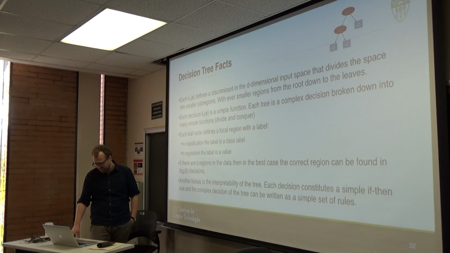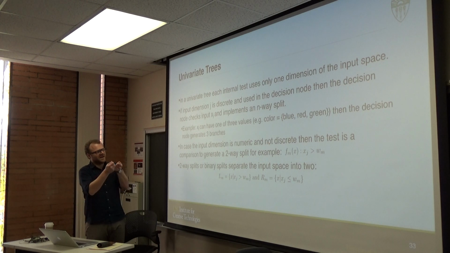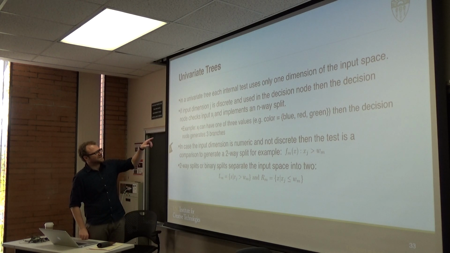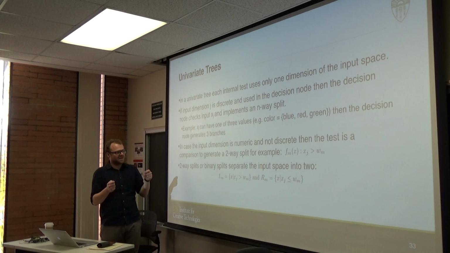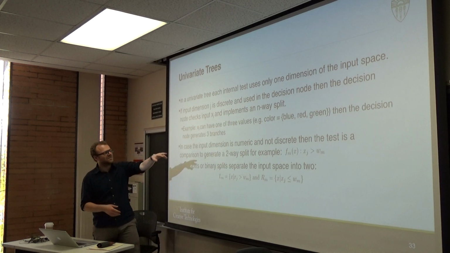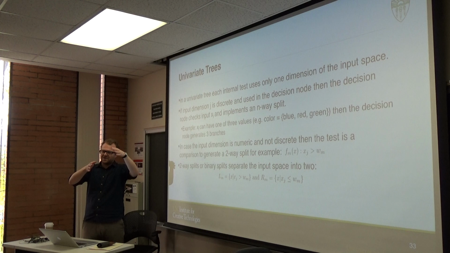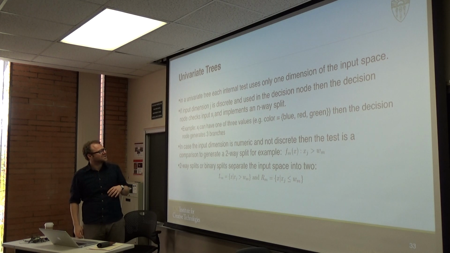So we had those facts, and now we're going to talk about the univariate trees, where in each test only one input dimension is used, and if input dimension j is discrete and used in the decision node, then the decision node checks the input xj and implements an n-way split. So if we have a discrete dimension that is just a color, blue, green, or red, whatever, we can make decisions where in the univariate tree we would have multiple splits and 3 regions in our branching.